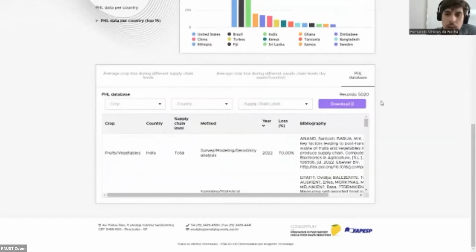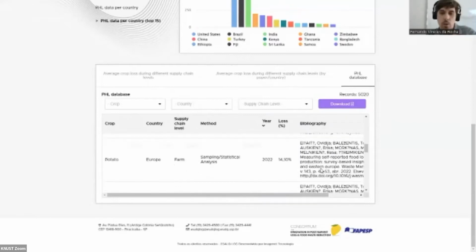And here we have access to the whole database, so you can find the crop information, the country information, the supply chain level information, the method that the paper used to estimate the loss, the year of the paper, the amount of loss, and the bibliography of the paper.